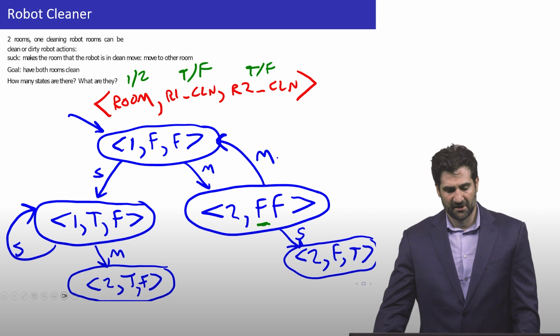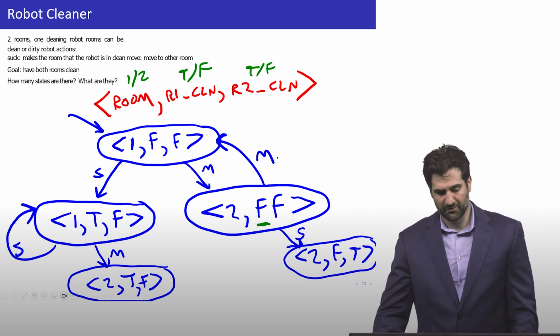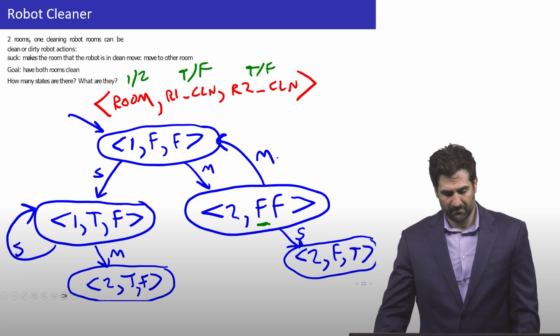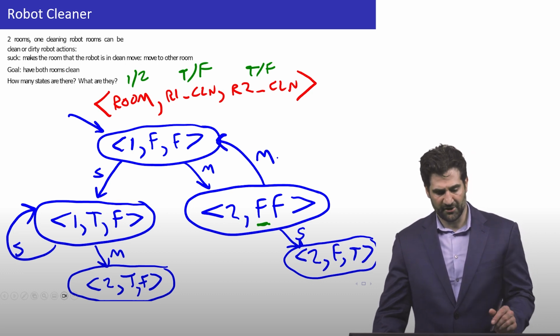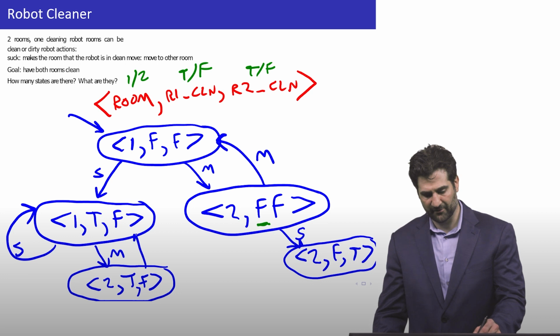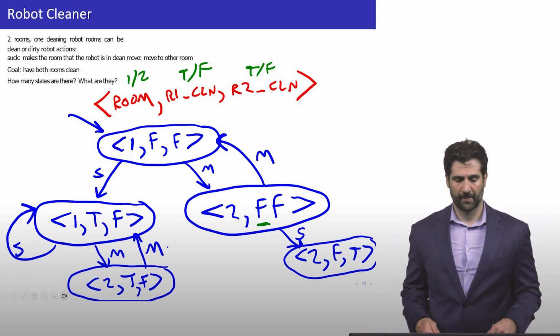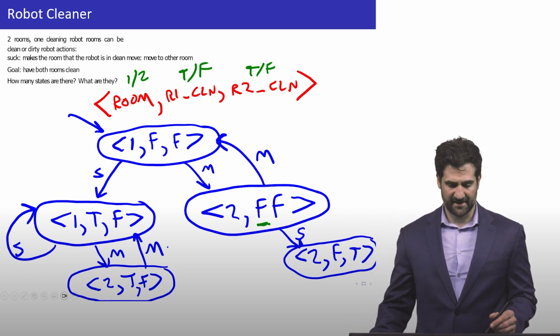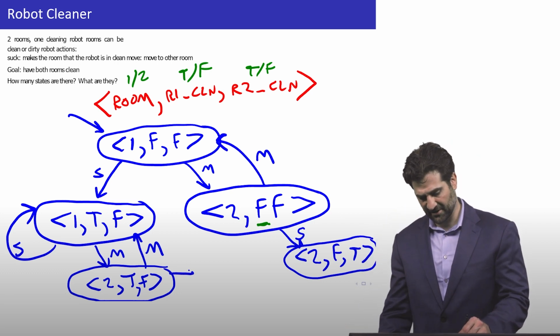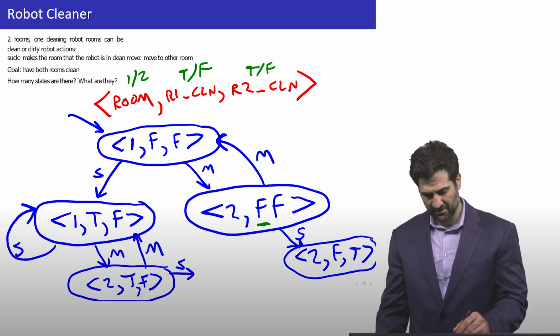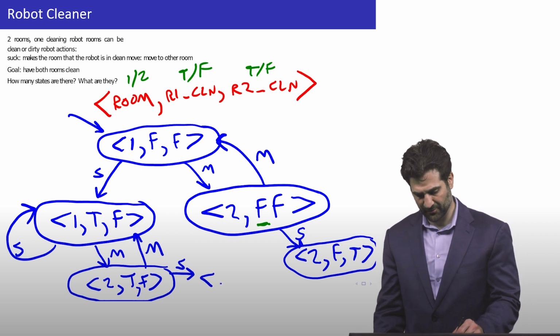All right, so now let's go down to the last level. So let's see, the robot is in room 2, and room 1 is clean and room 2 is dirty. Well, if it moves back to room 1, that's kind of going back where it came from, right? Because it just switched rooms. Now, if the robot decides to clean, if it does a sucking action, it's going to still be in room 2.